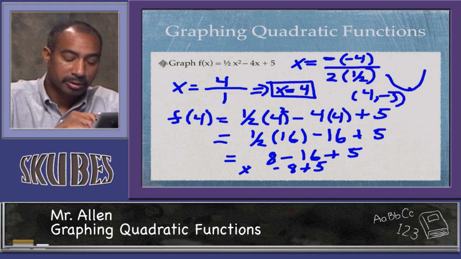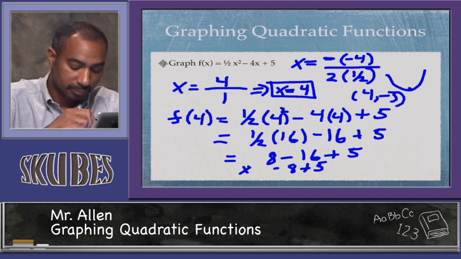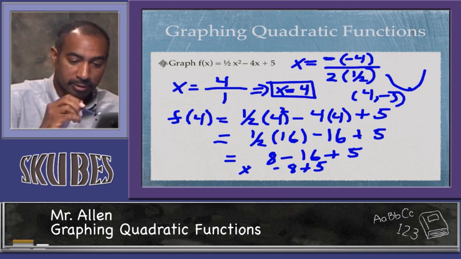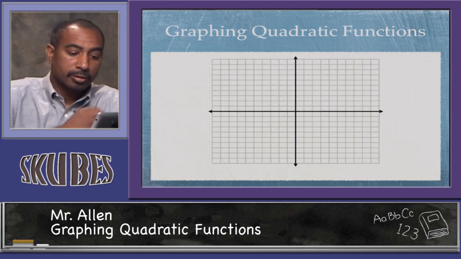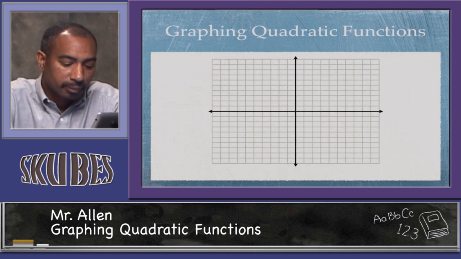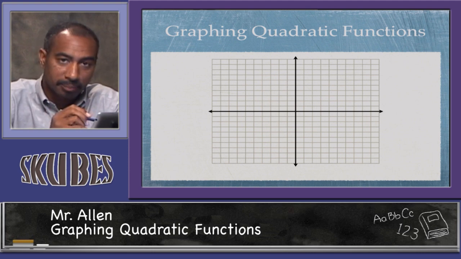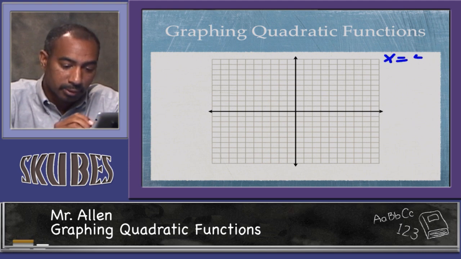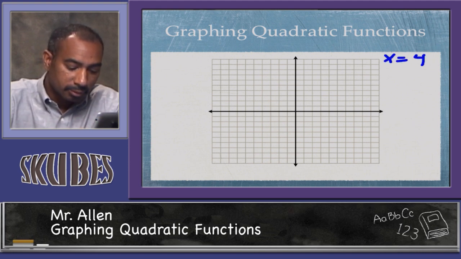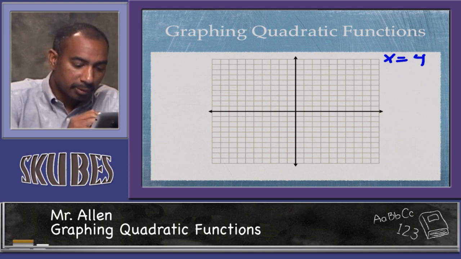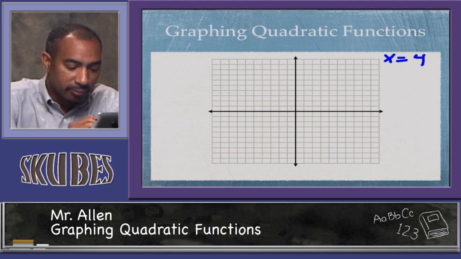But x equals 4 is our line of symmetry. So let's see what that looks like. Let's graph this. We know that a vertex point is 4, negative 3, but the axis of symmetry is x equals 4. So x equals 4, that's going to be over here. You got to count over to the right 4. Just 1, 2, 3, 4, and make a vertical line.